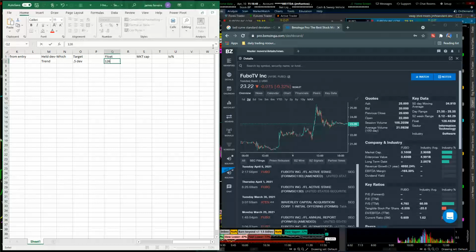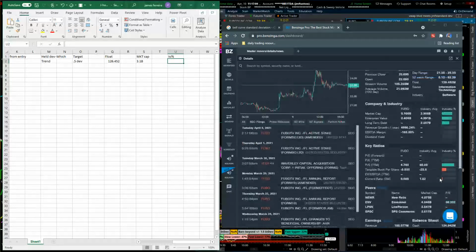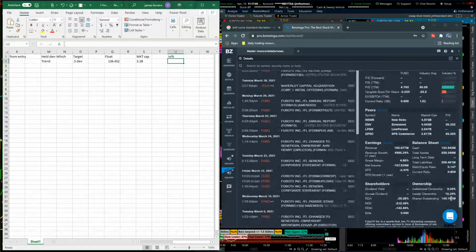Market cap, 3.1 billion. IO percent. Now, the reason I want to know institutional ownership, specifically with small cap stocks, I've talked about this ad nauseam.